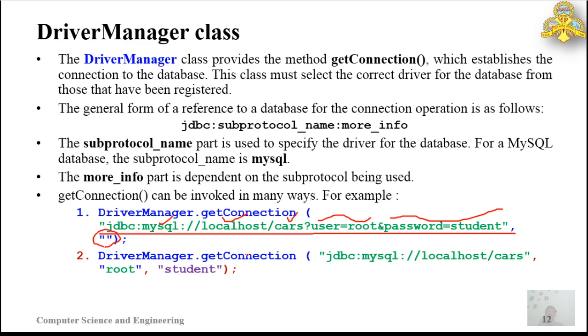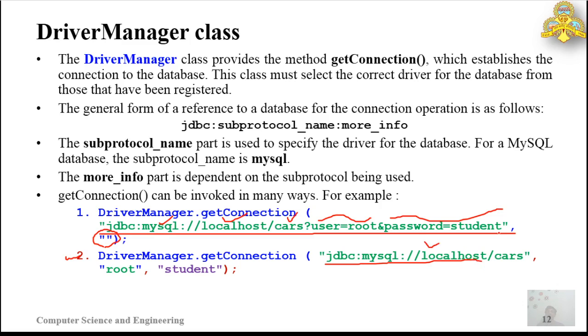And the most convenient one is the second one given here, DriverManager.getConnection with jdbc colon, the sub-protocol name mysql, colon slash slash, the name of the host, which in our case is localhost.